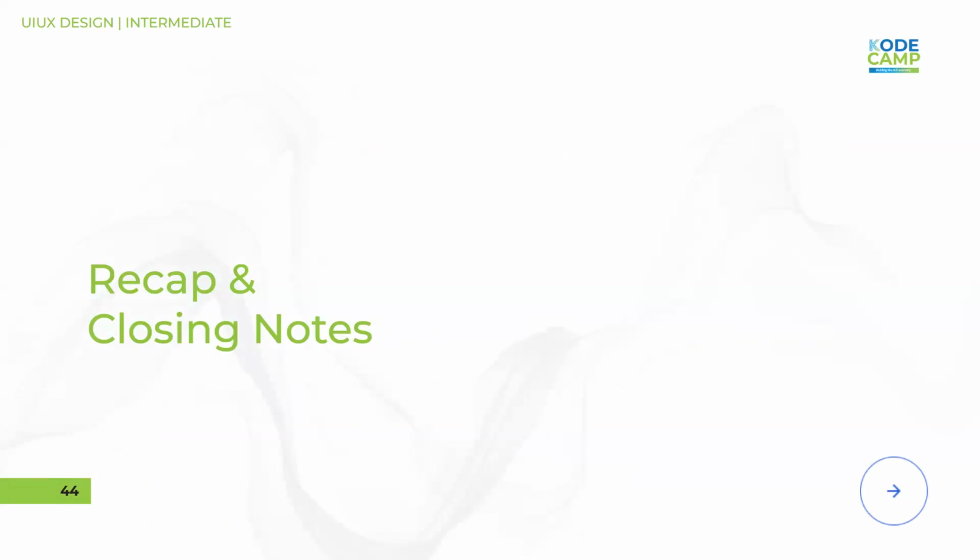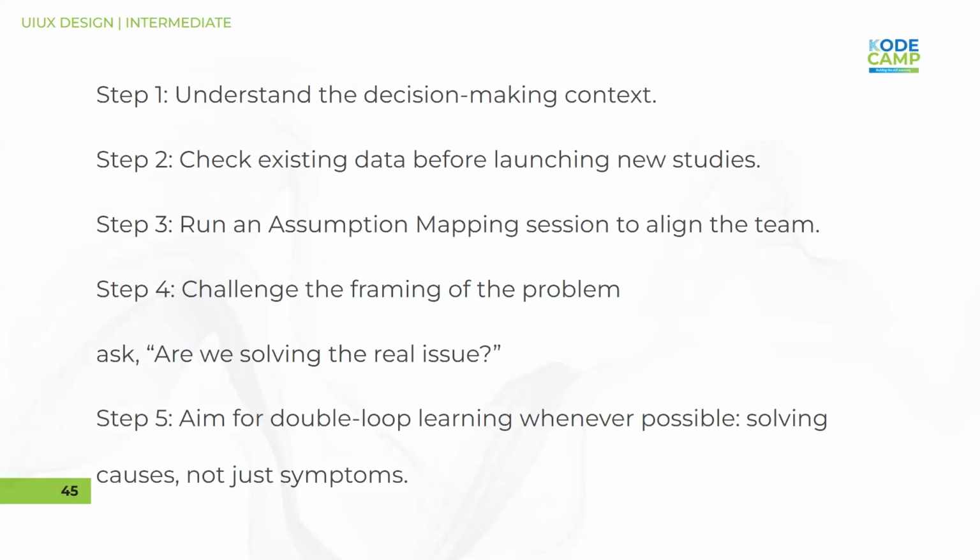Okay, so recap and closing notes. Step number one, understand the decision-making context. All right, check existing data before launching new studies. Don't go and do double work. Run an assumption mapping session to align the team. Then also challenge the framing of the problem.